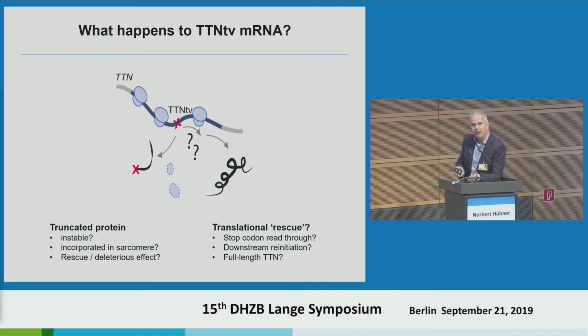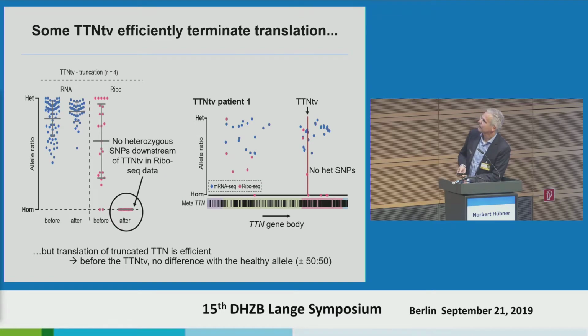Could there be that the stop codon actually is not functioning fully as a stop codon? Is there a reinitiation of the ribosome downstream of the stop codon? And actually, is there a possibility to synthesize a full-length titin protein?